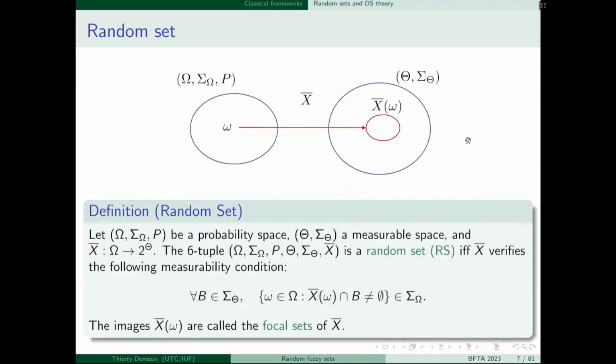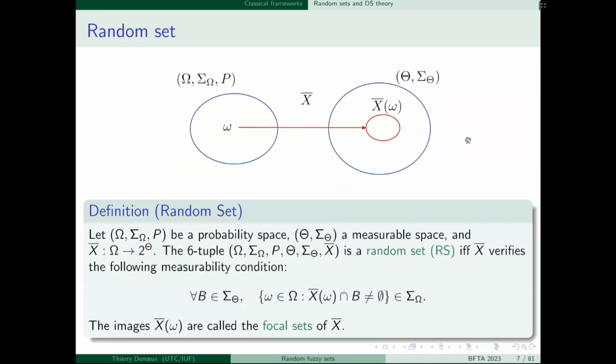So this is a definition of a random set, and we have seen this kind of picture already. This is how I introduced the belief functions, and Professor Chunlai also has shown this kind of picture. Typically we have here a probability space, a space on which there is a probability measure defined.